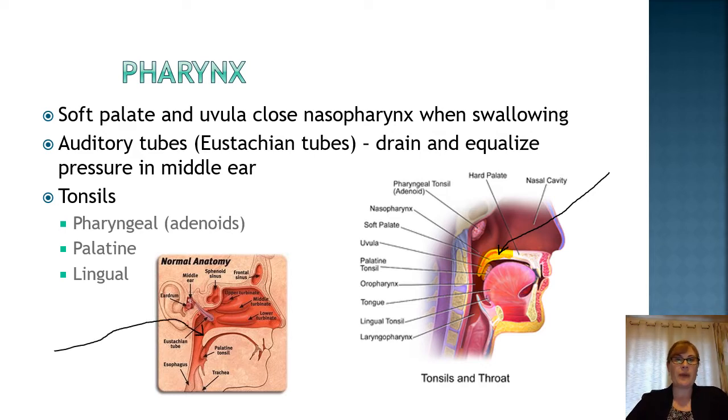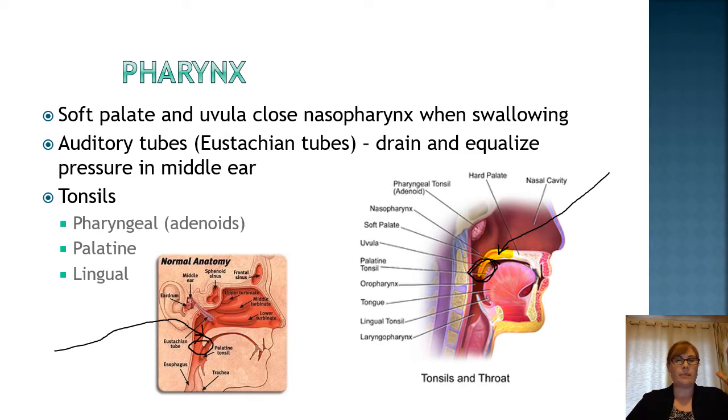The soft palate hangs at the back of the mouth, and at the very end of the soft palate is a little guy that hangs down, known as the uvula.